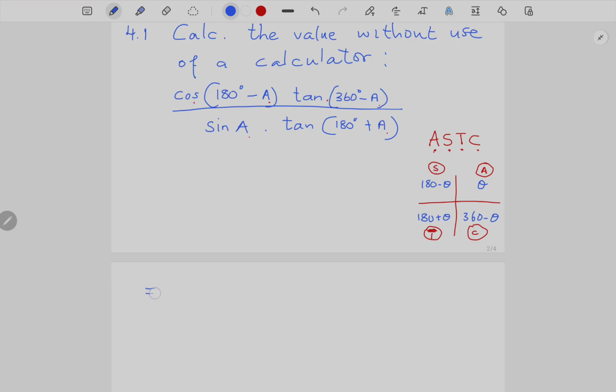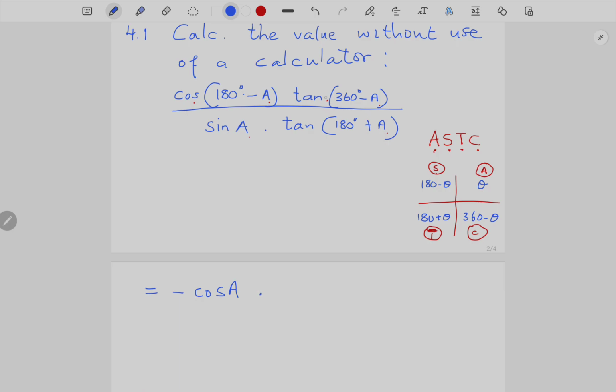So we're going to say is equal to cos(180 degrees minus A). The answer is going to be negative cos A. Why? Because in the second quadrant, only sine is positive, so the cos is negative. So this is the reduction formula that we're using.